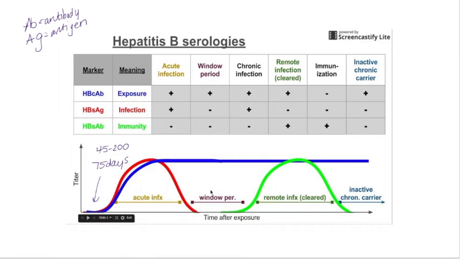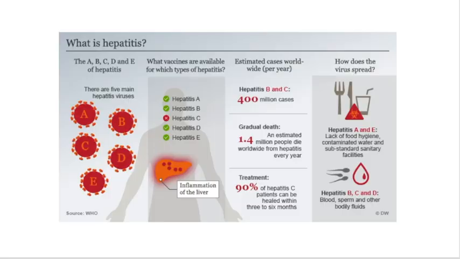With chronic infection, there's usually no physical signs, but that's where we get the liver disease and risk of hepatocellular carcinoma. There's another slide here, basically hepatitis A through E. You can see here there's still a large amount of cases worldwide per year, and 1.4 million people die from hepatitis every year. 90% of hepatitis C can be healed within 3 to 6 months, much better than where it was when it was first diagnosed for the baby boomers.